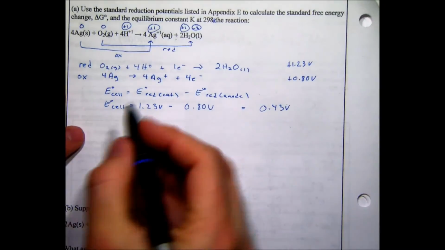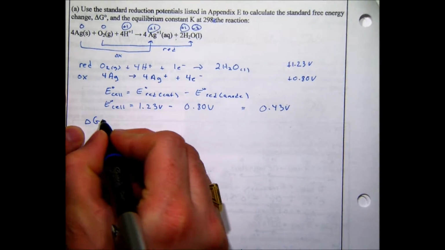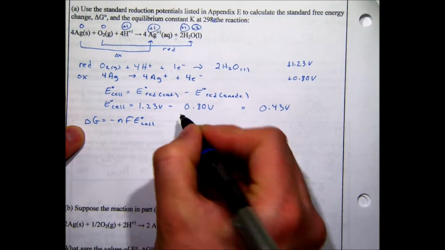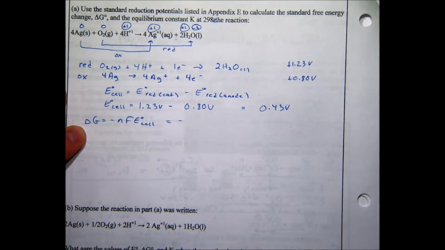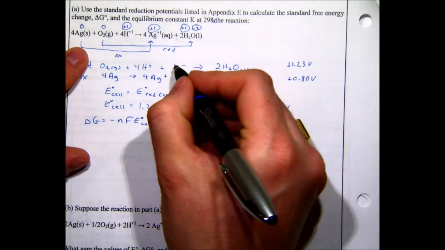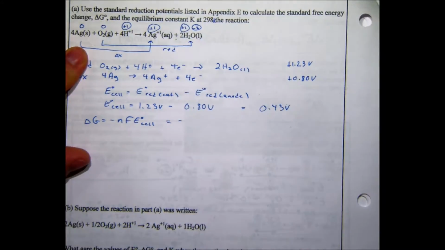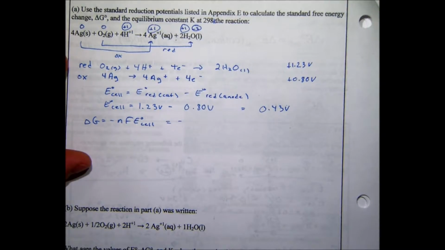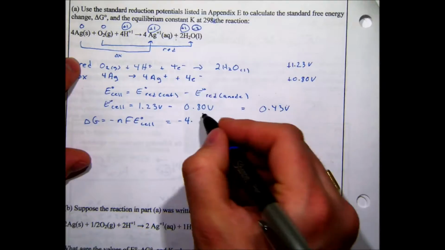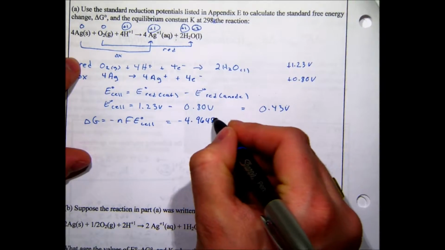So we go to the idea, now delta G equals negative NF E standard cell. So we look at the number of electrons transferred. I shouldn't have one electron here, I should have four. It is 4 electrons times 96485.